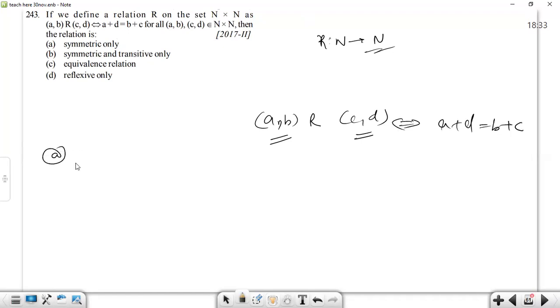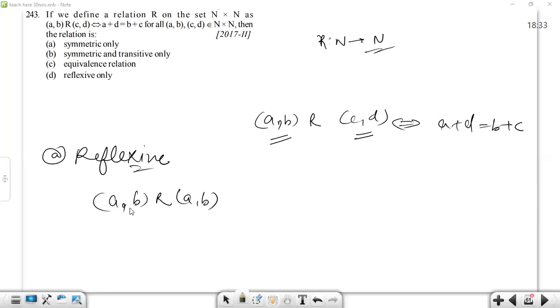So let's check for reflexive straight away. If we say (a, b) is related to (a, b), it means our set is reflexive only when (a, b) is related to (a, b).